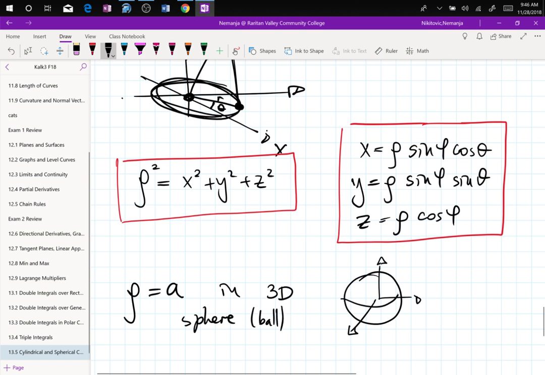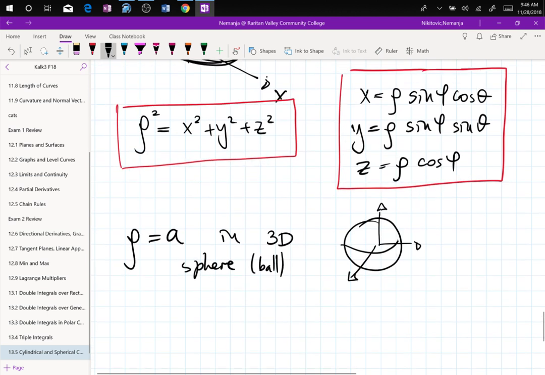There we go. So rho equals A. So what is rho equals 5? Rho equals 5 is a beach ball, right? It's a 10-inch diameter. So rho equals A. Very simple. And you know that you can convert that into the square root of these guys. So if they show up, straight up easy conversion.